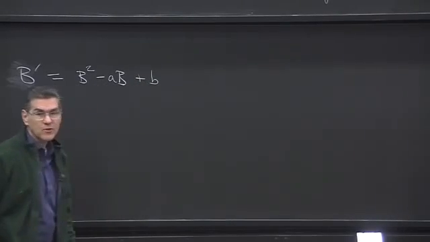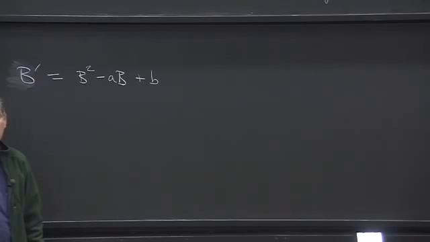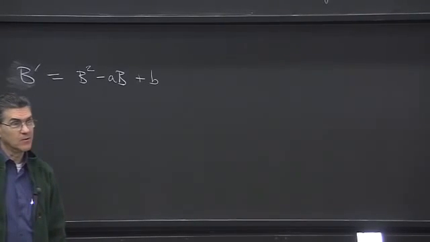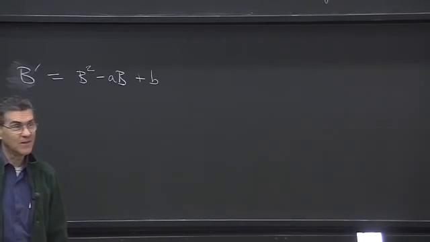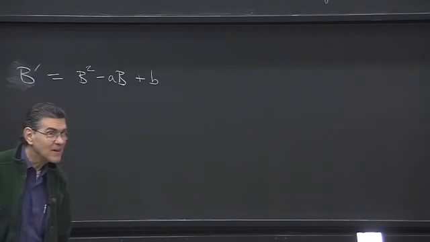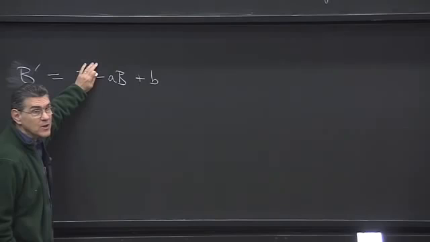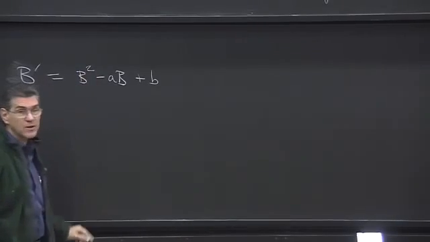That's the equation we have to solve. Now, there's only one little problem here. What's the little problem? It's not linear. In fact, if this term weren't here, we'd be completely finished, right? Because this would be a first-order linear differential equation for capital B. But there's a b squared here.